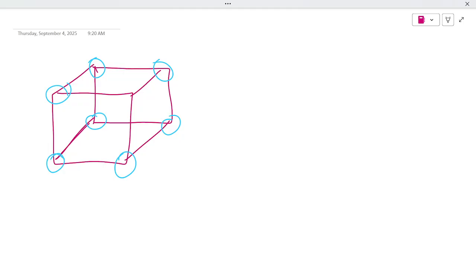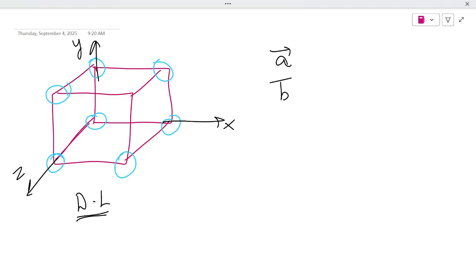And if I take this as my x-axis, this one as y, and this one as z. So this is my direct lattice. I'm writing DL here. And I have to find the same kind of points and its lattice vector in the reciprocal lattice. So let's first write the expression for A vector, B vector, and C vector.